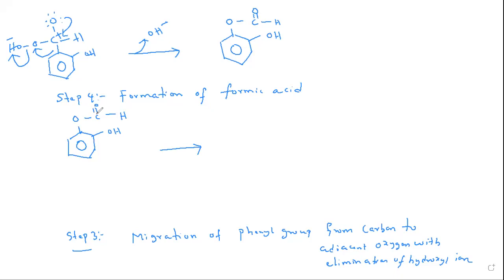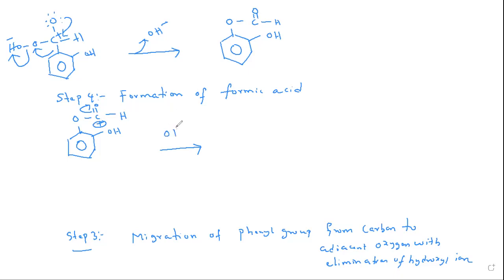Now we need to understand how this formic acid is formed in the 4th step. You compare the electronegativities between carbon and oxygen. You know, oxygen is more electronegative, so I will shift this pi bond towards oxygen. So what happens to this carbon now? Carbon will get a positive charge. Now to stabilize this carbon, we require a very powerful nucleophile, a negatively charged compound.